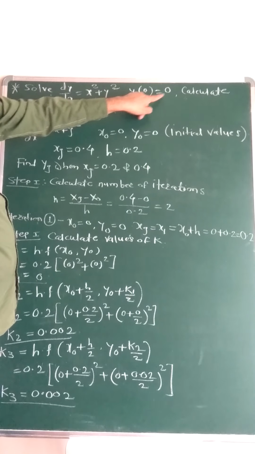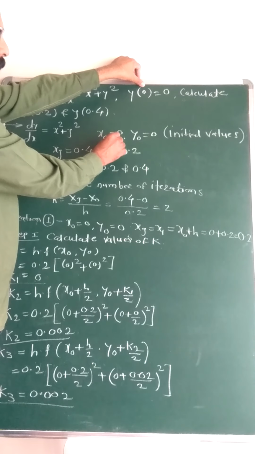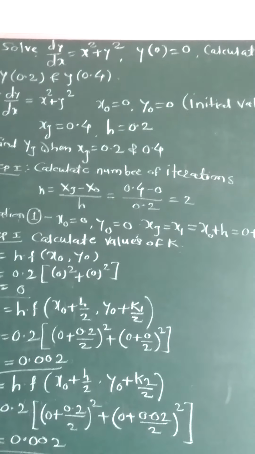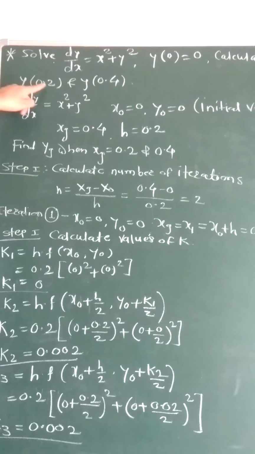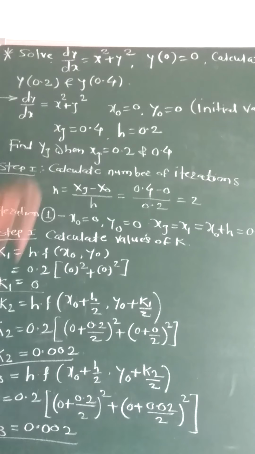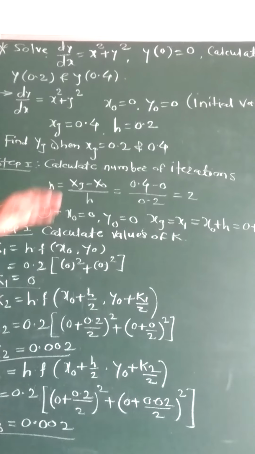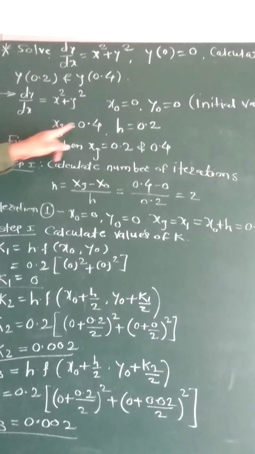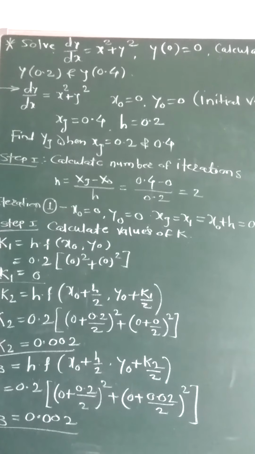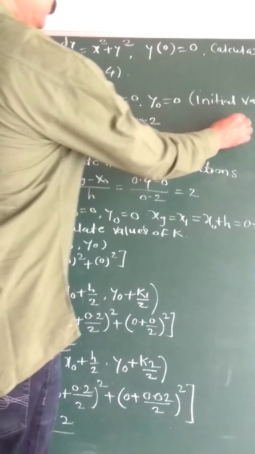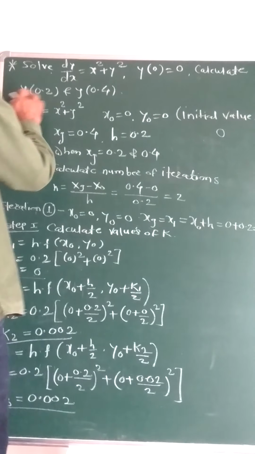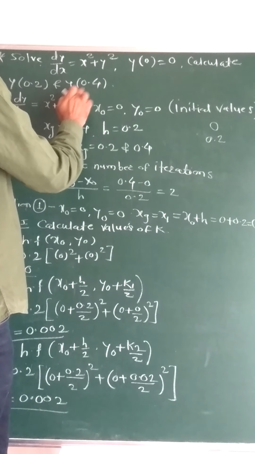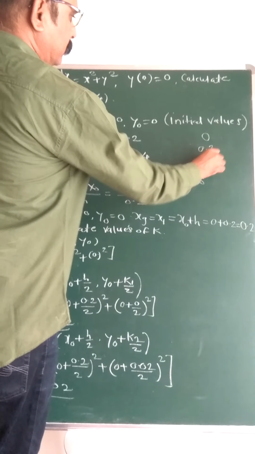These are the initial values: x0 is equal to 0, y0 is equal to 0. Calculate y of 0.2 and y of 0.4. The last value of x is 0.4. Therefore, xg is equal to 0.4. If we observe the values of x, initially x is 0, then the second value is 0.2, then 0.4.